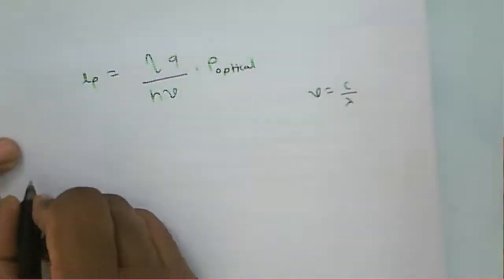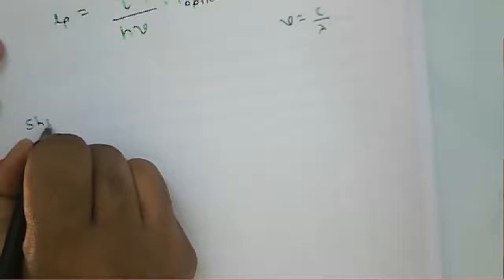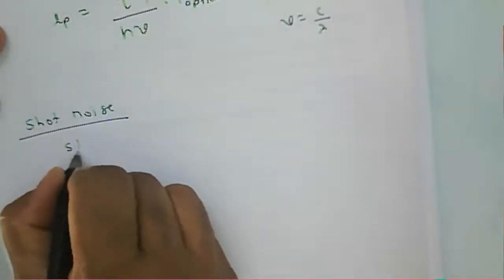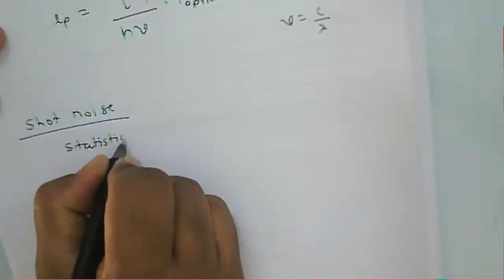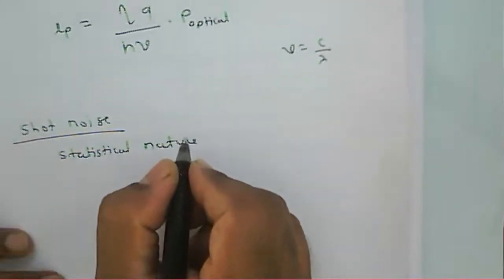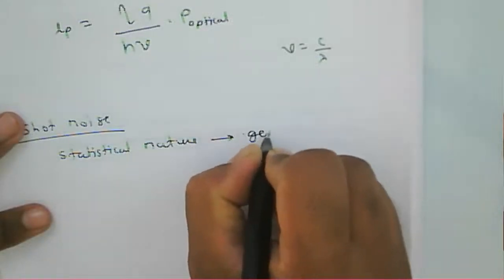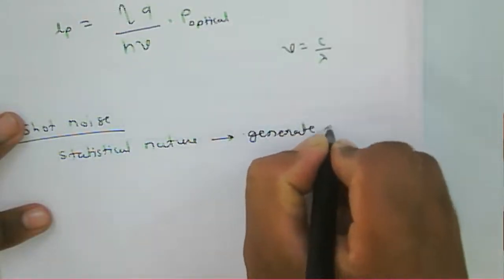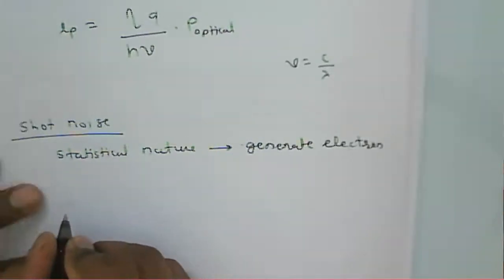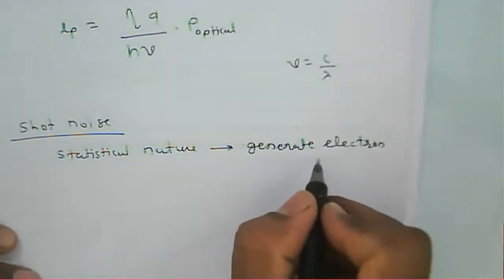Now, shot noise is a statistical process, and that will generate the electron. When will it generate the electron?